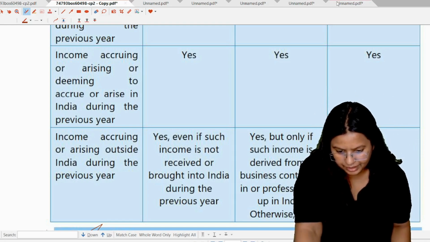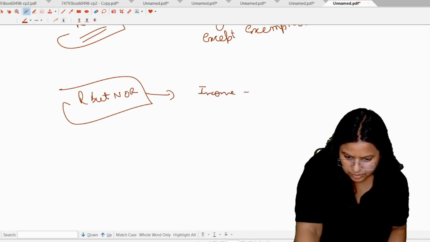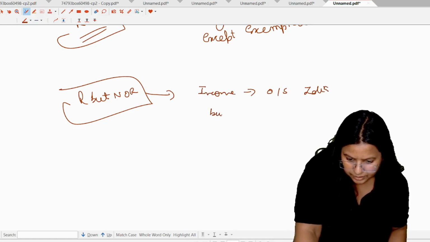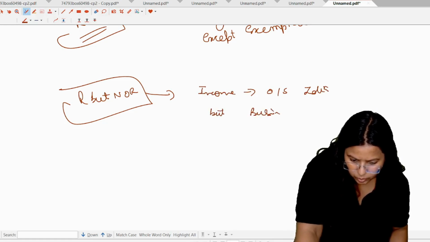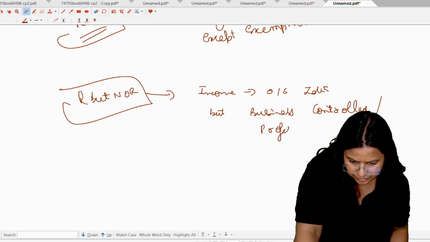Write it down: R but NOR, income accruing outside India, but business controlled or profession set up in India.